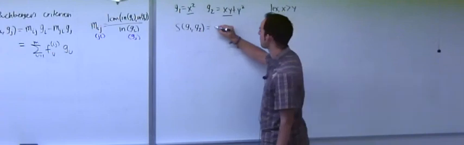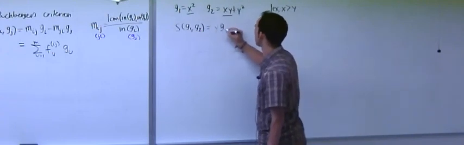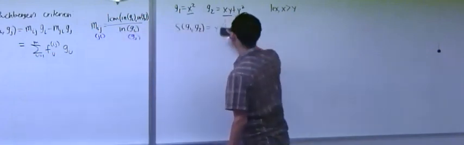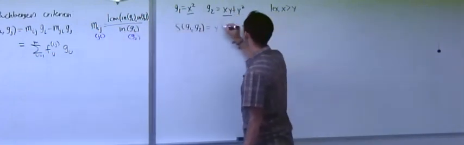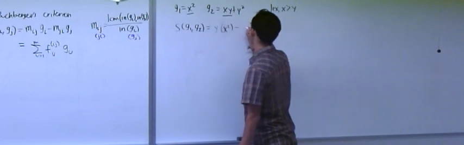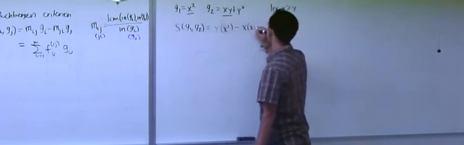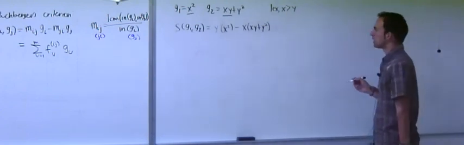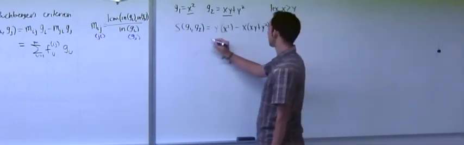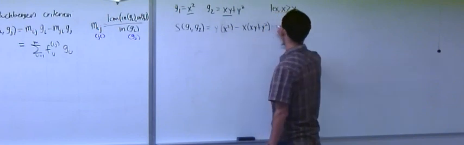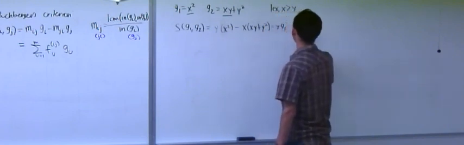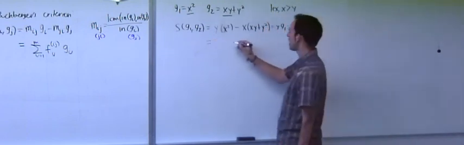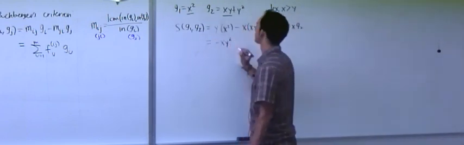So that means we multiply y by g1, which I'm going to write out: y times x squared, and then minus x times (xy plus y squared), right? So this is y g1 minus x g2. And what is this? This is minus xy squared. Okay?